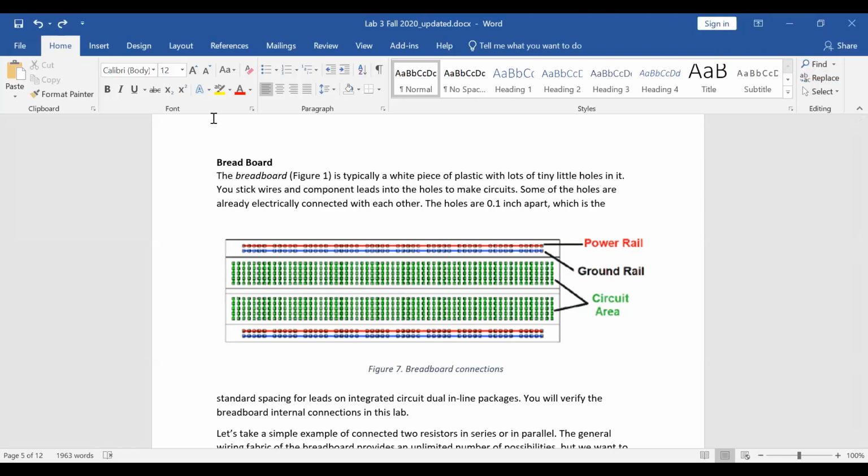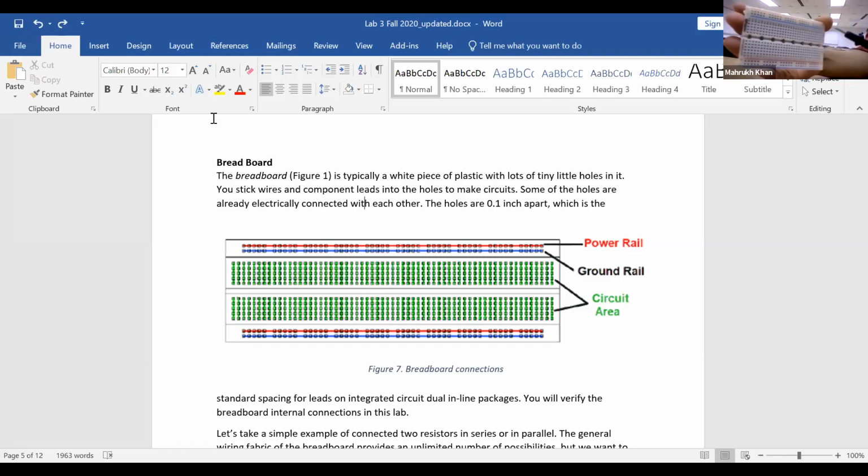Yes. Okay, so this is the breadboard. You can see from the document as well that there are 3 areas that we should look into. This is the power rail, this is the circuit area where you will build your circuit, and this is again the power rail. In the power rail, the red line shows the positive, and they are all connected together.